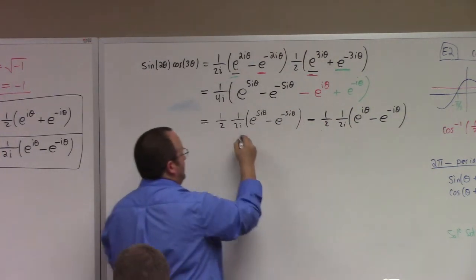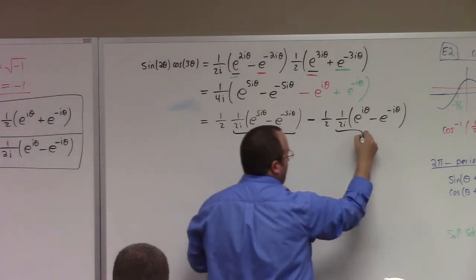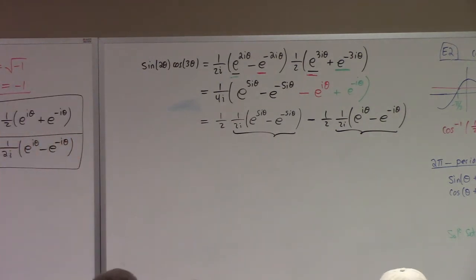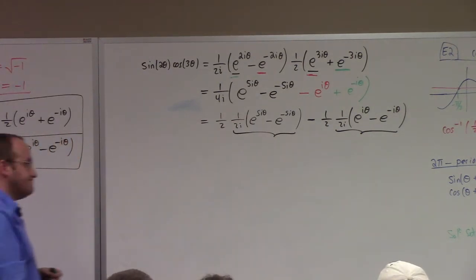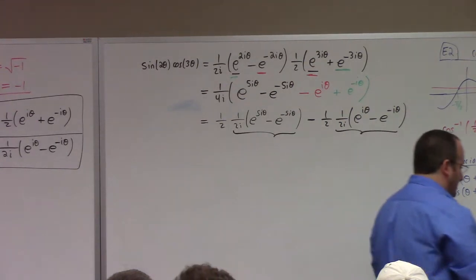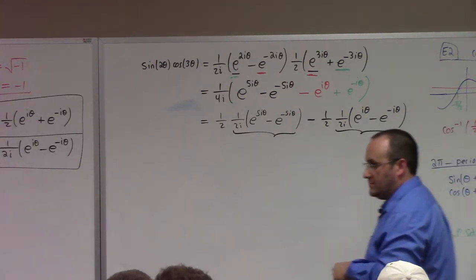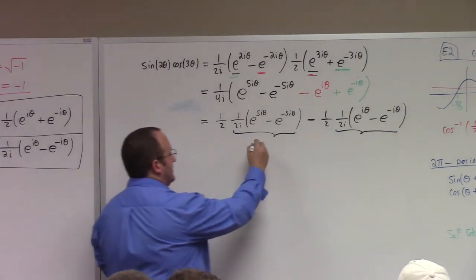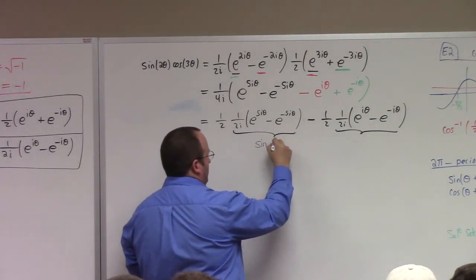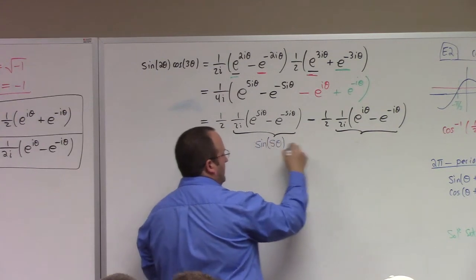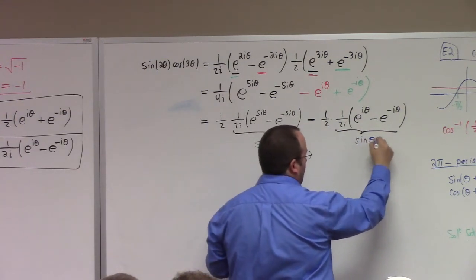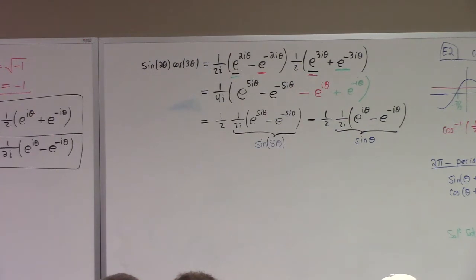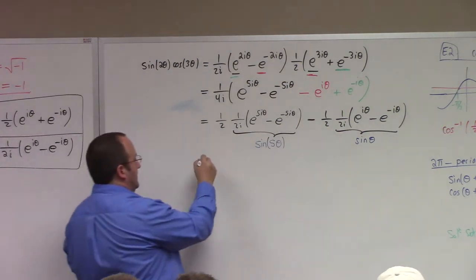Once you do that, can you guys tell me what this is? Sine 5 theta and sine theta. Does everyone agree with that? I think so. So there we go.